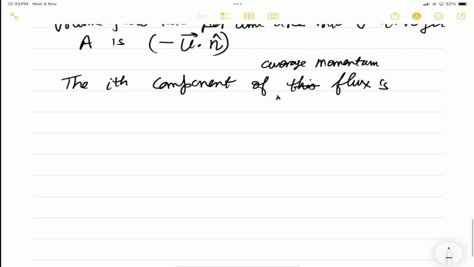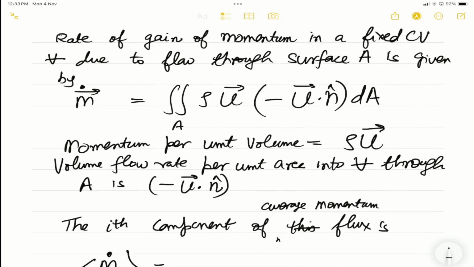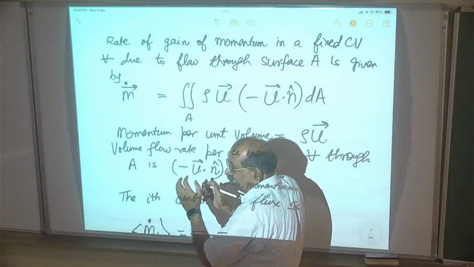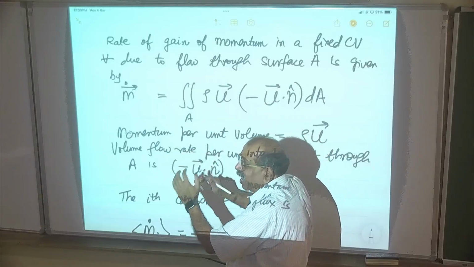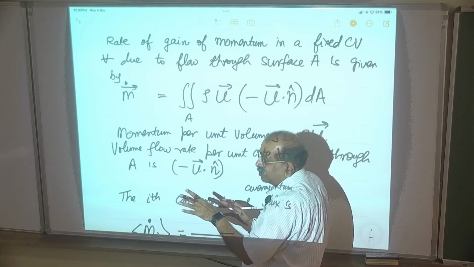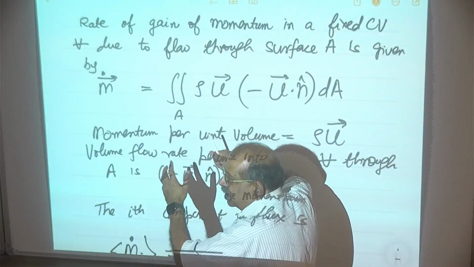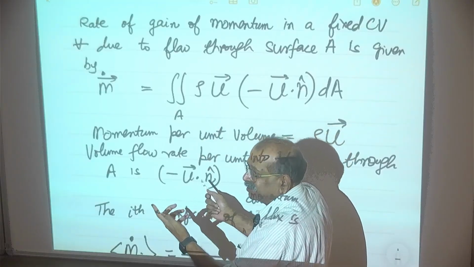I take the average of m dot, and when I take the average, this is where you will see there is a u times u. So this will give me the average of u and u plus the average of ui prime, uj prime. And then there are two more terms, but they will become zero, because when you take the average, there's the average times the fluctuation, and the average of that is zero. So they're the same thing.